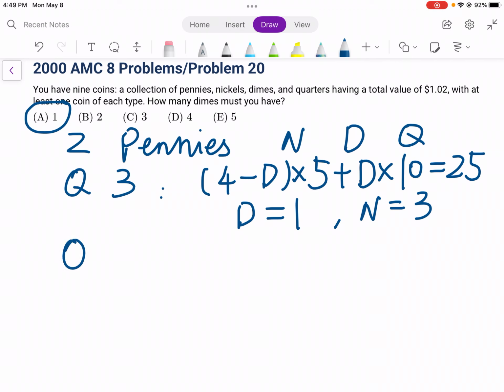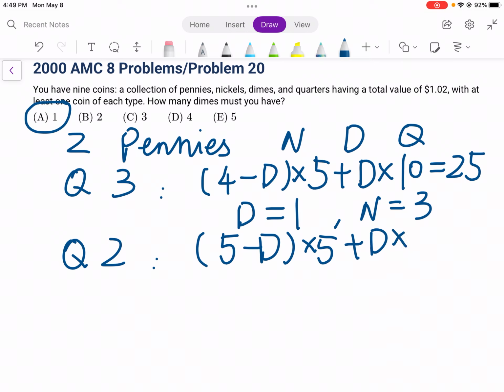So if we assume we have 2 quarters, then the sum of nickels and dimes will be 5. In this case, we have 5 minus D, that's the number of nickels, multiplied by 5, plus D multiplied by 10, equals 50 cents.